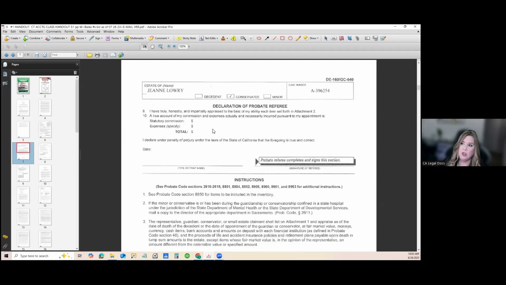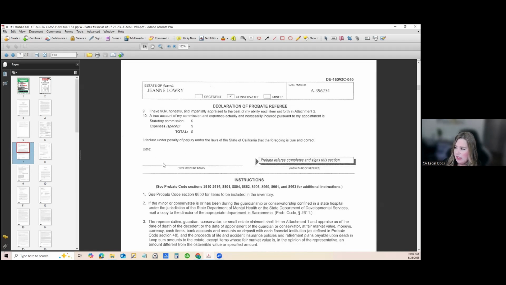If they had to order copies of things, maps, anything of that nature, any expense to them, they will add it in here. They will provide a total here. This goes to the court, so the court is able to see what the probate referee billed for their services.